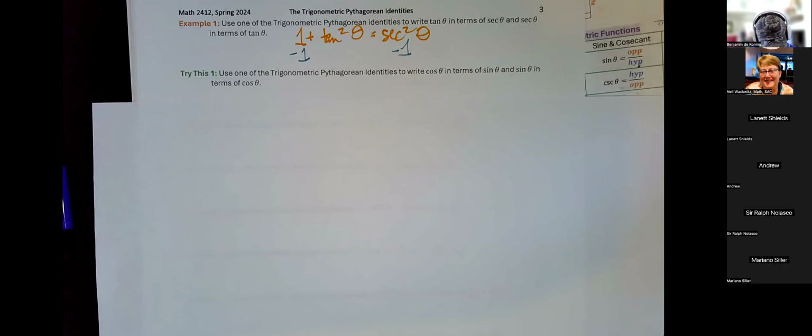Sine theta will equal plus or minus the square root of 1 minus cosine squared theta. Still, you'd end up in the same place. I think we found both of them. We found cosine and sine.